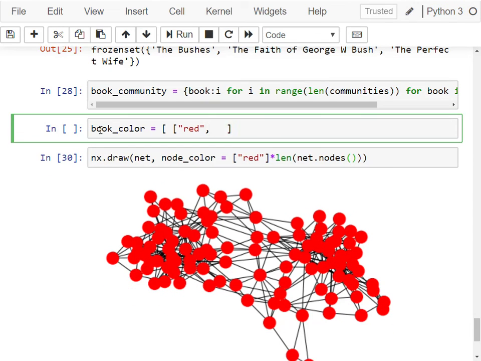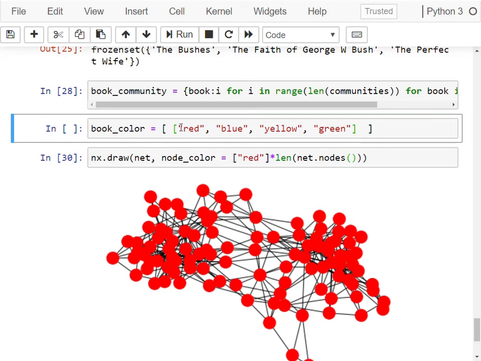I'm going to use blue for the more left-wing books with a conspiracy flavor. Let's use maybe yellow for the war-ish books. And finally, I'm going to use green for the biography books.